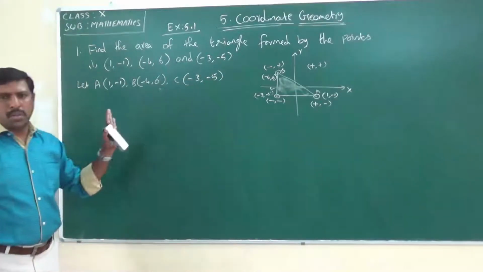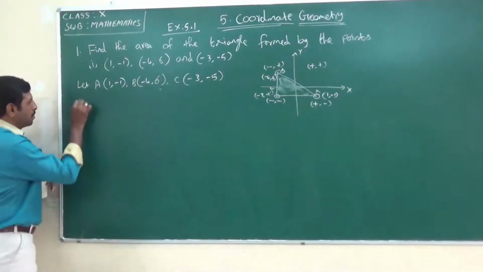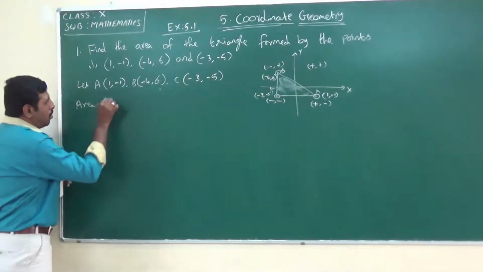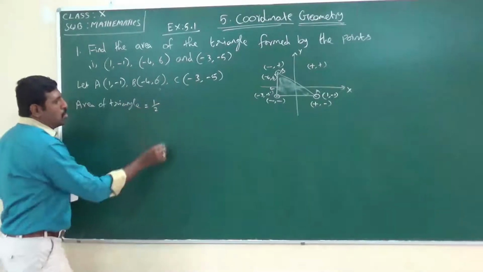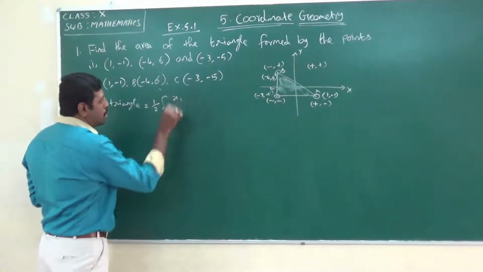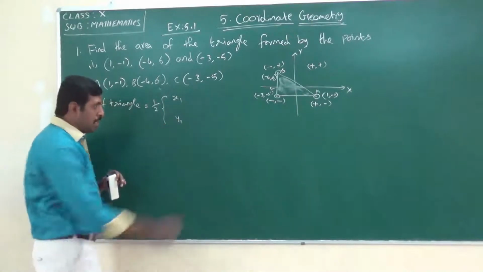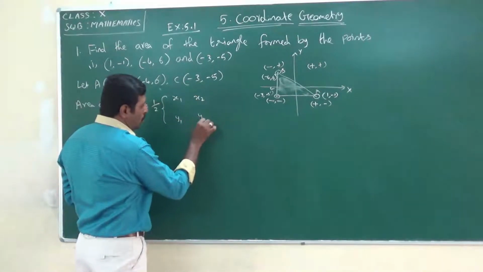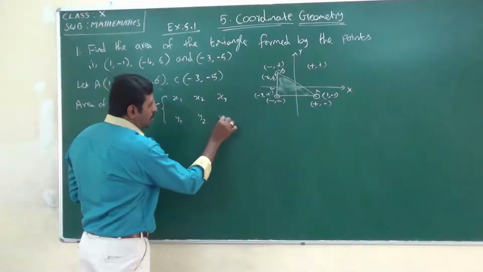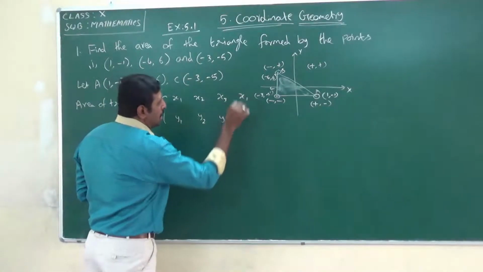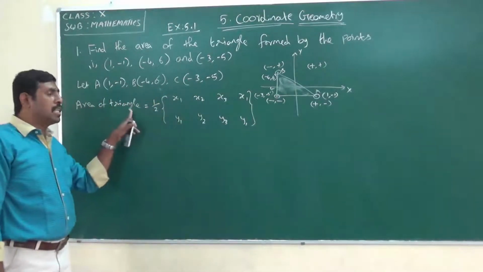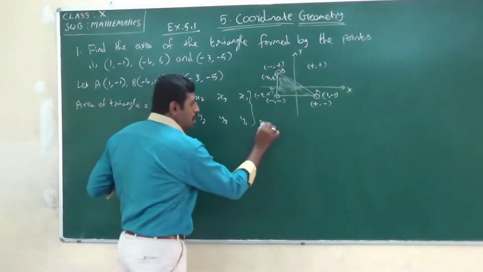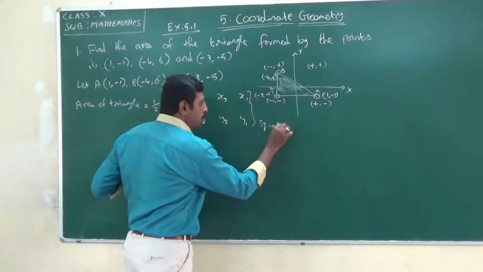We know the formula for the area of the triangle: half into x1, y1, and then x2, y2, then x3, y3, and then x1, y1. Here we are finding the area of the triangle, so use the unit as square units.